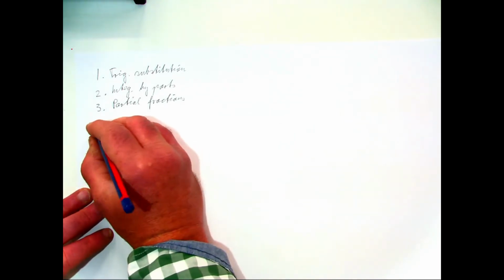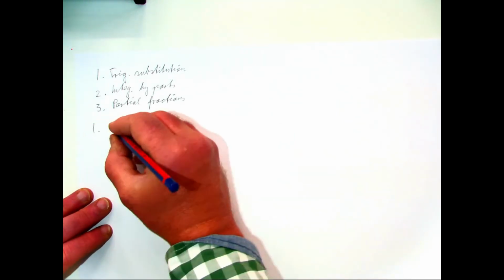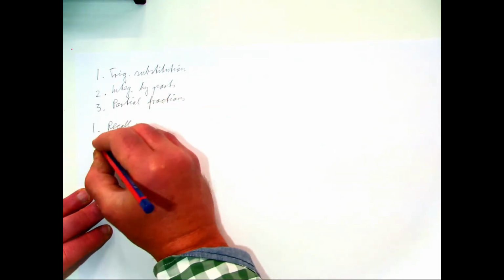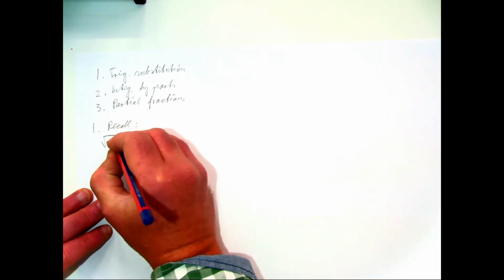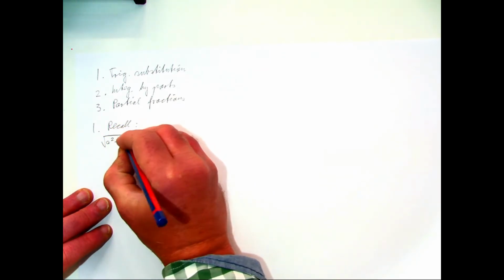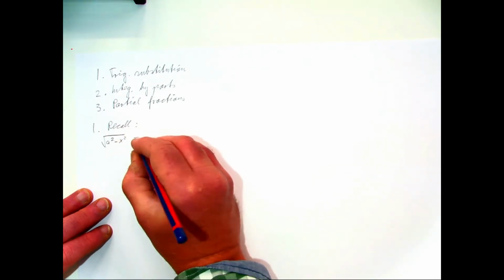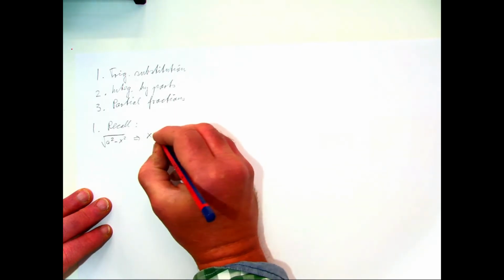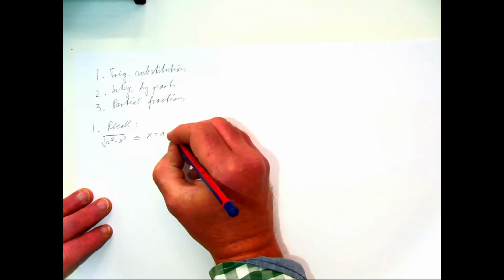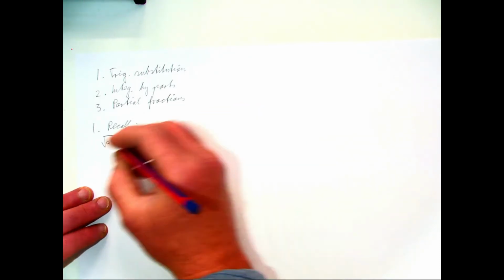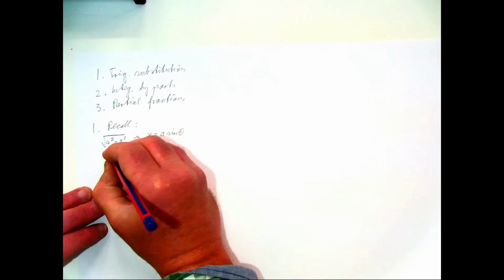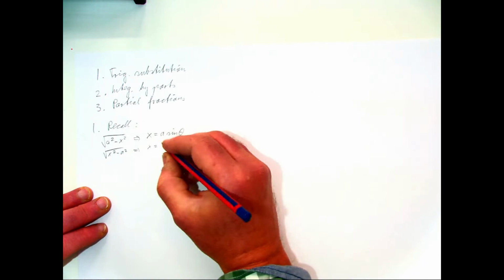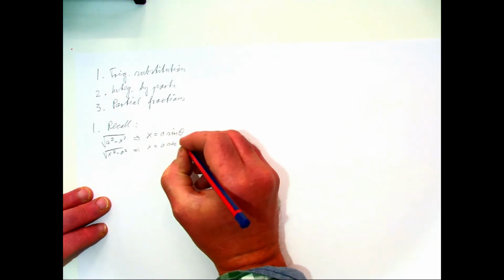topic 1, trigonometric substitution. We should recall that if you have an integrand with this expression occurring, then you make the inverse substitution x equals a sine theta. If you have something like this, x squared minus a squared, then x equals a sec theta.